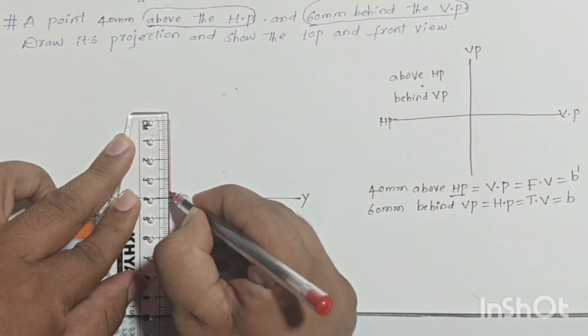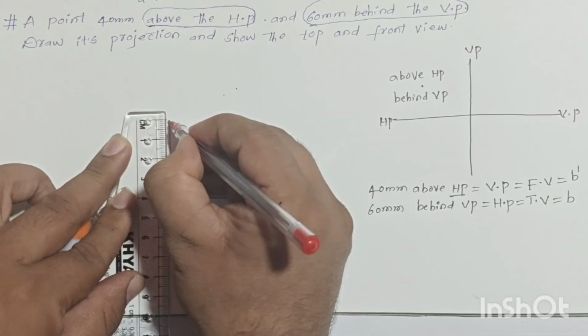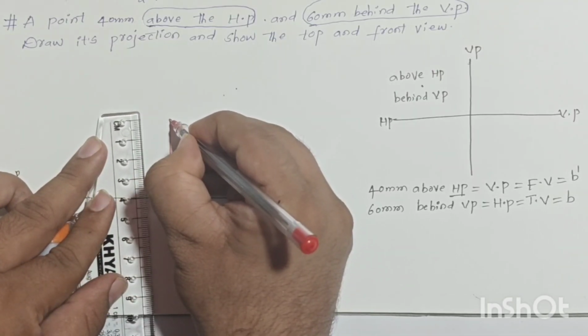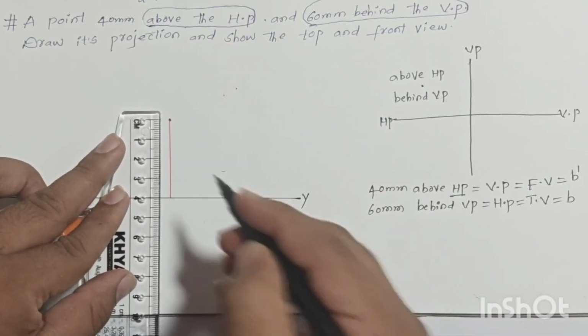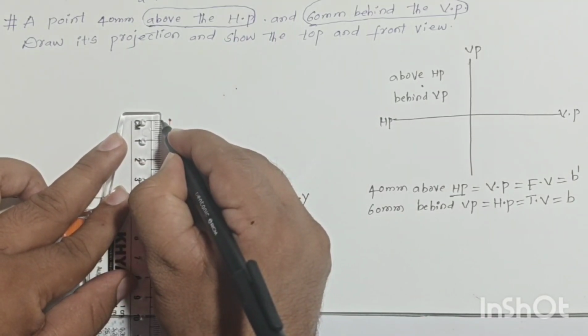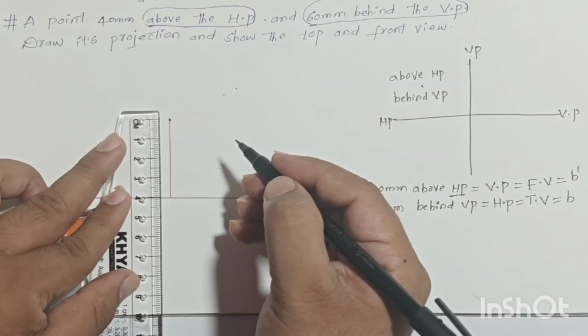This line should be very light. We have to use an H pencil. And the point should be dark. Clear? Meanwhile, show the dimension. How much is that? 40 mm.